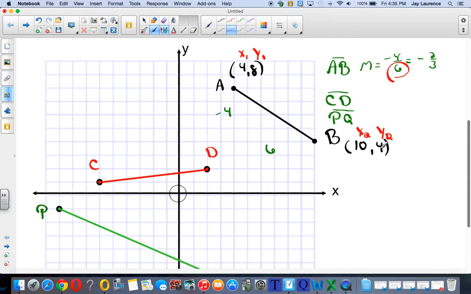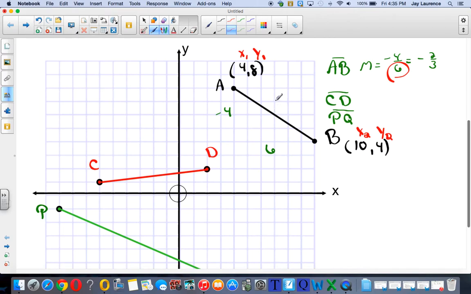And if I do the difference of 4 and 8, I get -4. Yeah, so in other words, to subtract the coordinates, x from x and y from y, and write the y's on top, would be to find the slope.